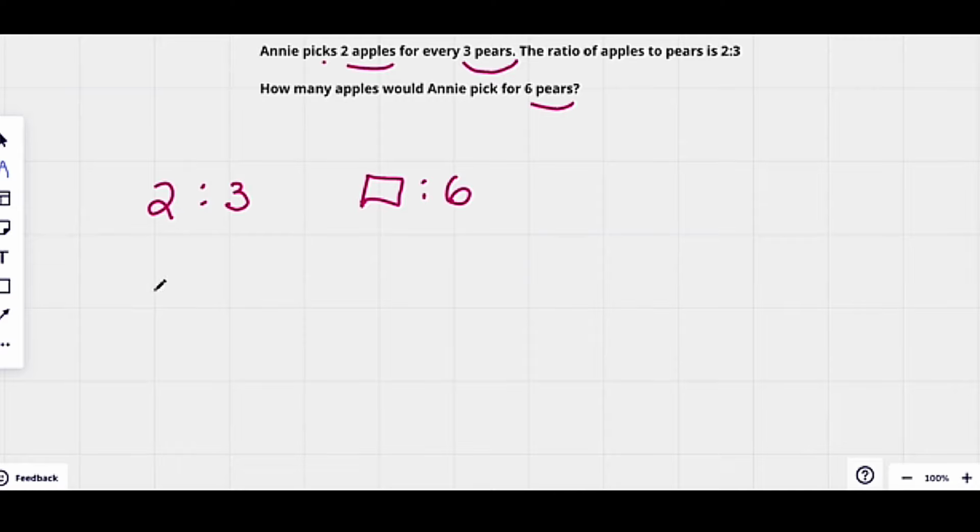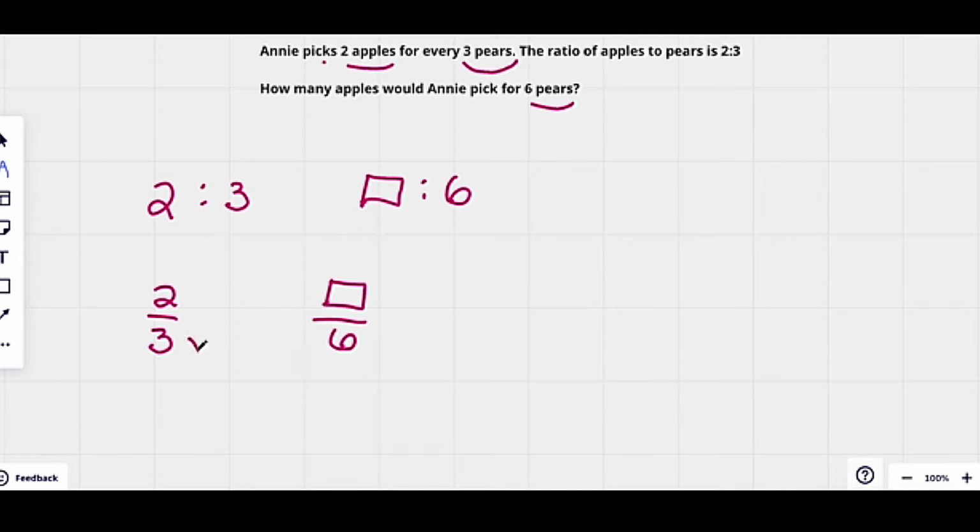So we're trying to find out what number goes here, which is an equivalent ratio. Let's do this as a fraction. We have 2 out of 3, and we're missing the number that goes here in our equivalent fraction, but we have a 6 here because this is 6 pears, and we're trying to find out how many apples we would need to have 6 pears. So what we need to do is find out what number we are multiplying this by in order to get this equivalent fraction. So what number are we multiplying the 3 by in order to get a 6?